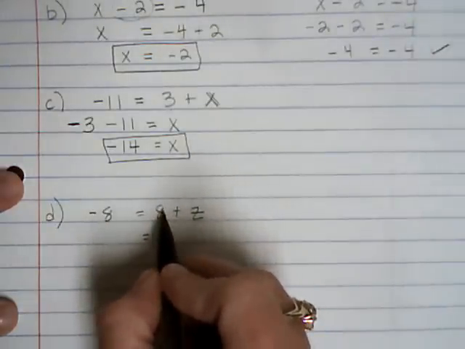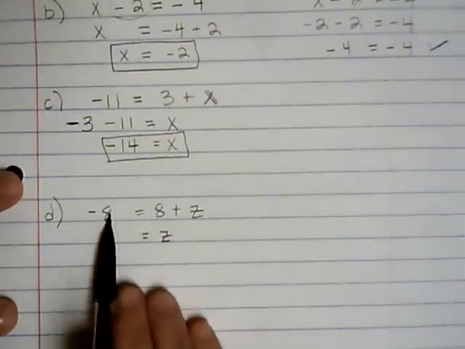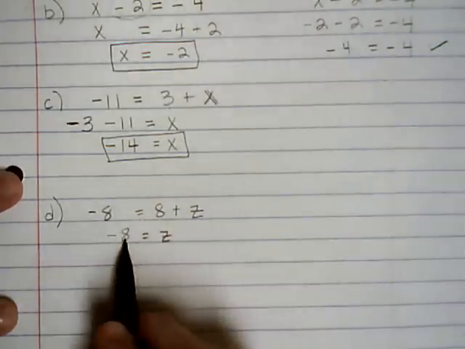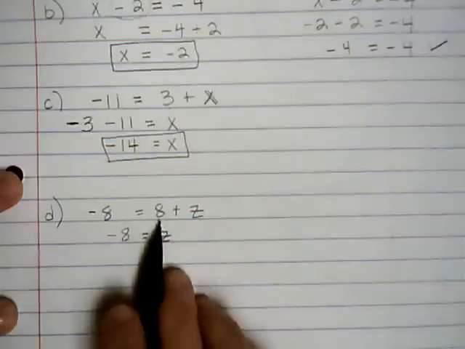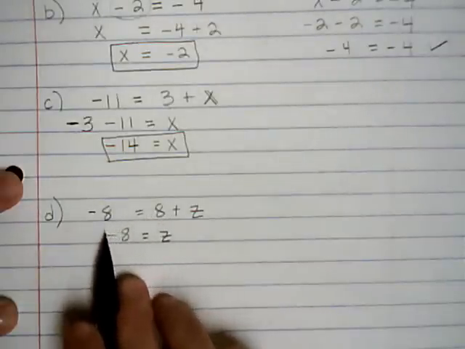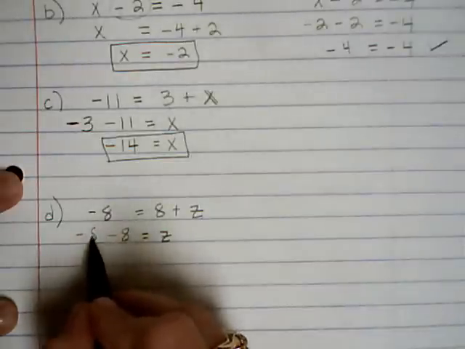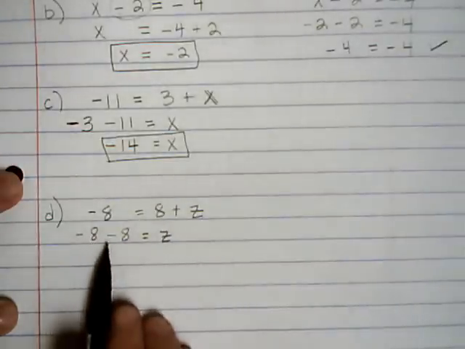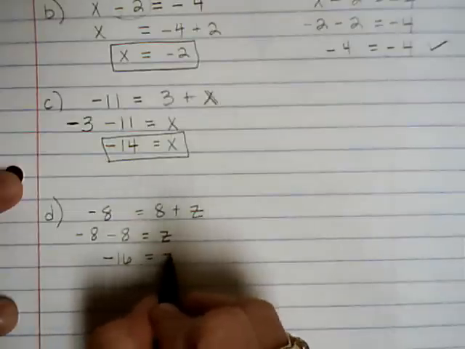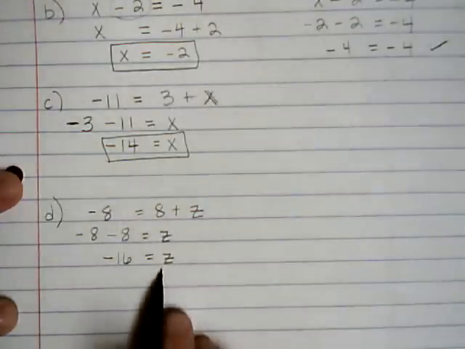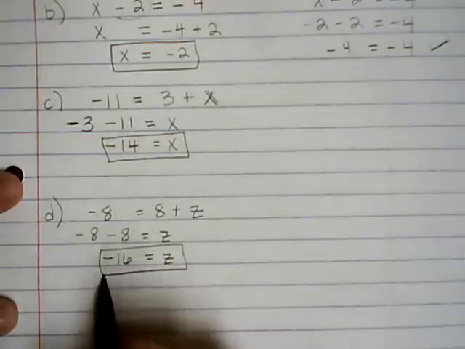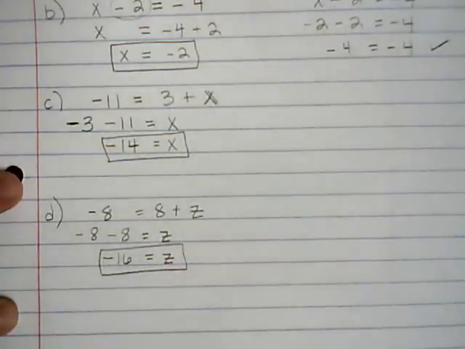It means I'm going to have to move this positive 8 over. I already have a negative 8 that I'm going to bring down. This 8 is going to be brought over. If it's positive here, then when I bring it over, it will be negative. So I have a negative 8 and a negative 8. Negative 16, when we combine, is equal to z. Understood 1 in front of the z lets me know that I'm finished right here. That would be my solution.